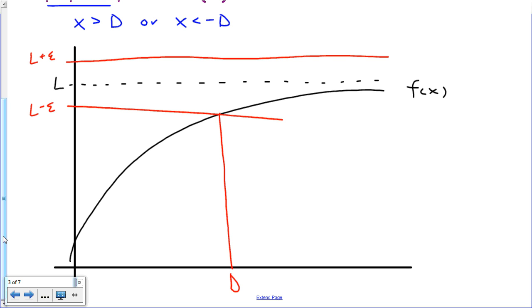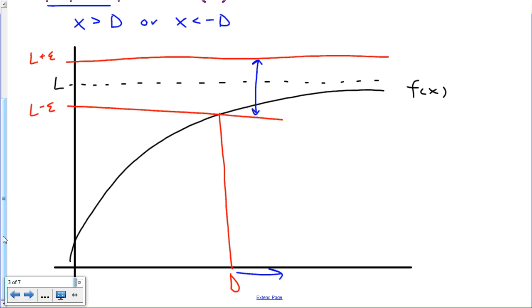And you can see that as long as I pick values of x that are greater than d, to the right of d, my function is going to stay between the restriction that I put around my limit here. The whole idea is that if I were to make this restriction around L even smaller and smaller, I can come up with larger and larger values of d.